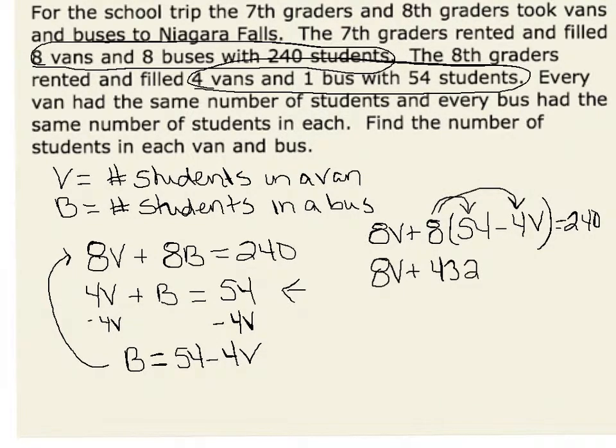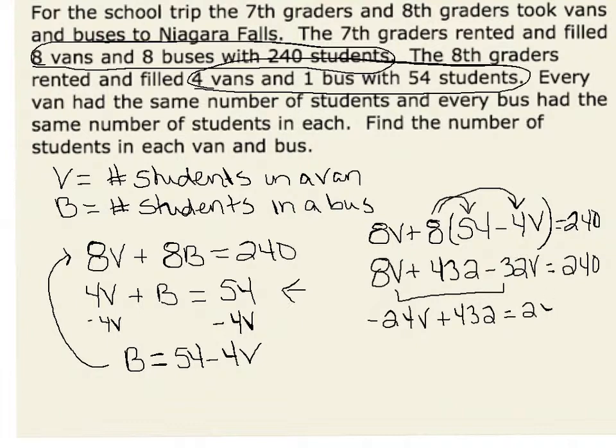And then I have 8 times a negative 4V, which is a negative 32V, is equal to 240. Combining like terms, I have 8V minus 32V, giving me a negative 24V, plus 432 is equal to 240.